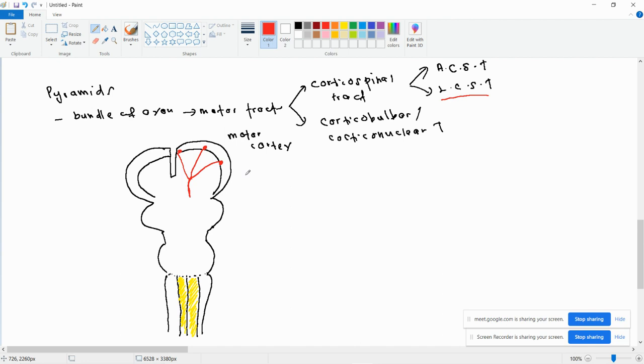Again, a question for you all. This corticospinal tract forms which part of the internal capsule? Which part of internal capsule, class?